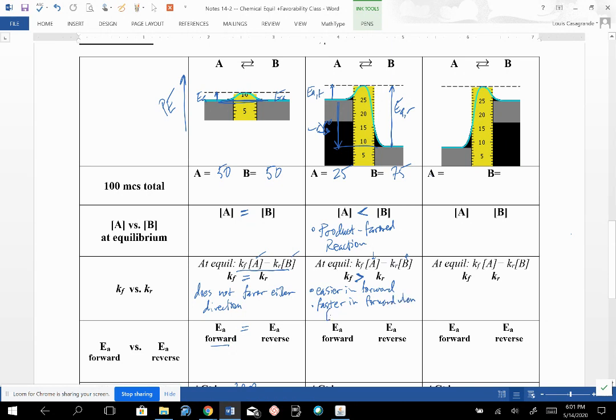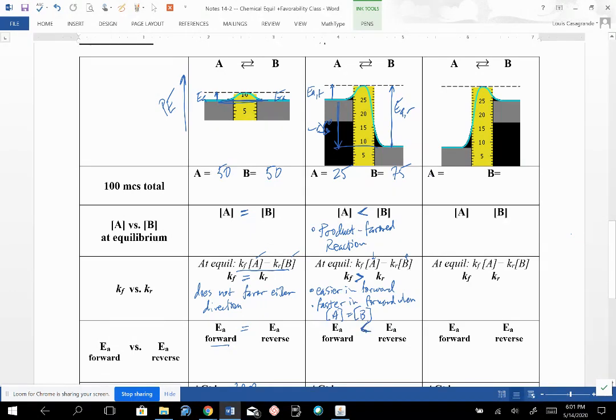when the concentrations are equal. That's really what the delta G naught is talking about, when the concentrations are equal. So if we were to put in equal concentrations, then the reaction rate in the forward direction would have to be larger. So to have a rate constant that's larger means that you have an activation energy that's lower.